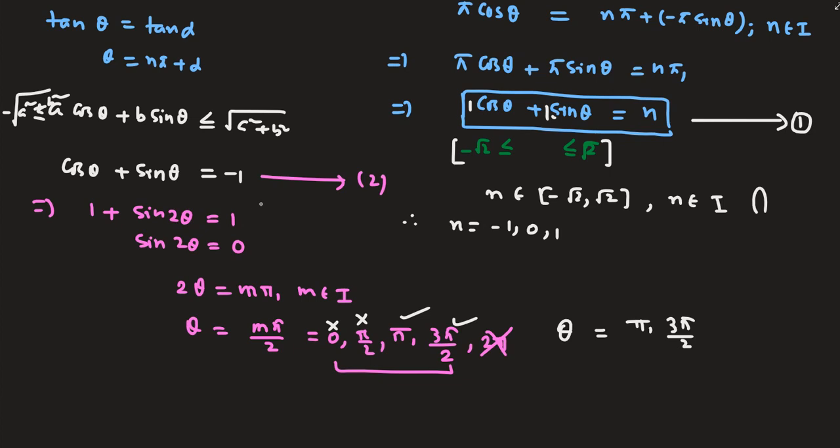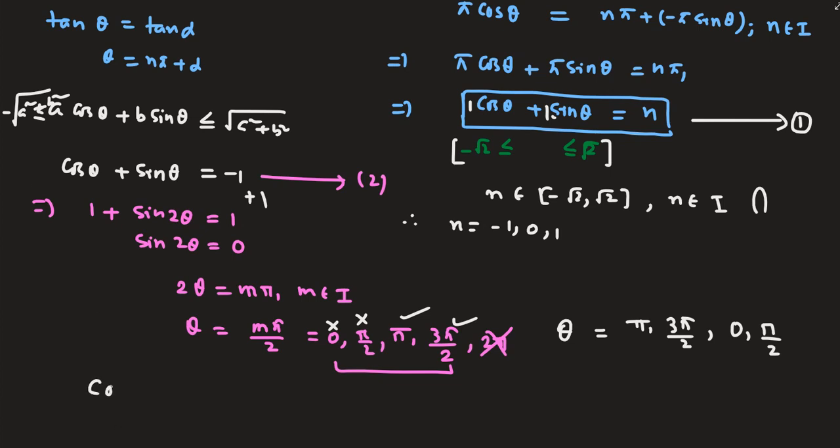When you consider plus 1 instead of minus 1, two more solutions will be included, 0 and pi by 2. Now the third case: cos theta plus sin theta is equal to 0.